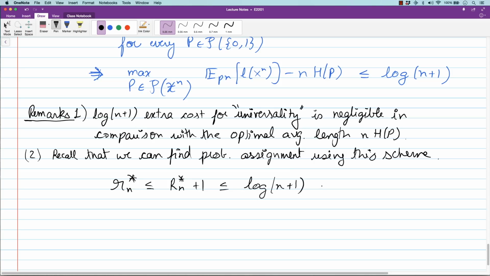So this is log n plus 1 plus 1, so this is just log n plus 1. Sorry, we have shown a bound for Rn star: Rn star is at most log n plus 1.